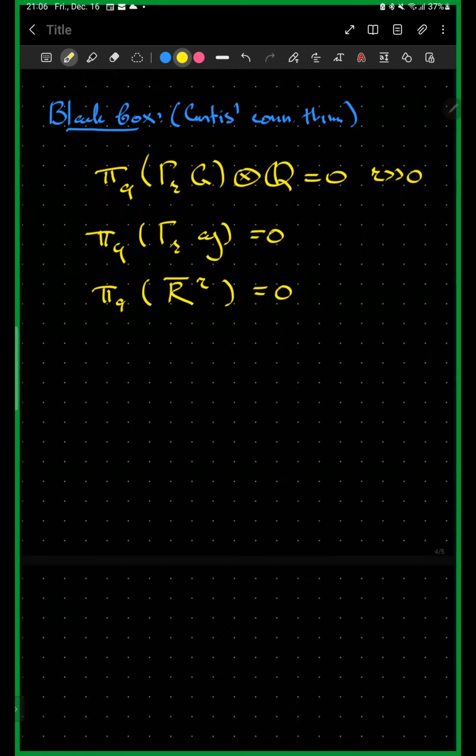So this is the statement of this black box theorem.